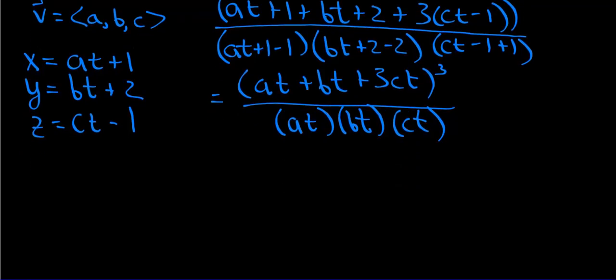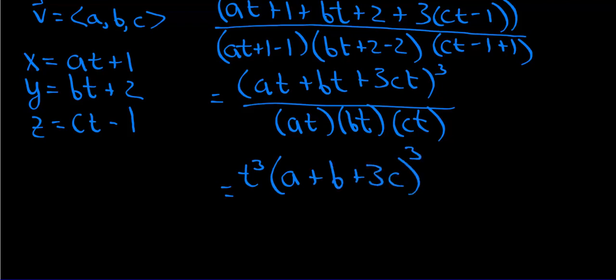Well, this is looking promising because what we have up top, let me factor out a t. This is going to be t cubed times a plus b plus 3c, cubed. Everybody see that? Just a little algebra. Then this cancels.